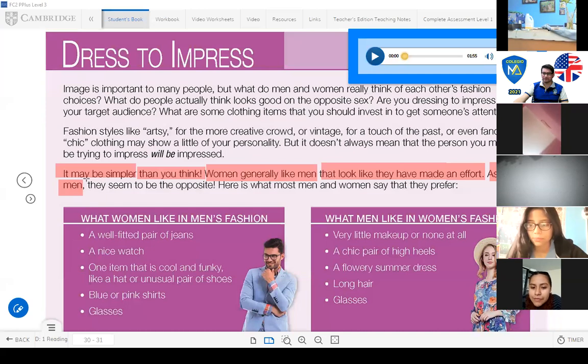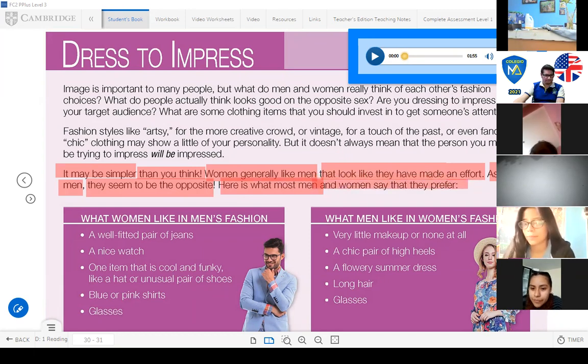As for men, they seem to be the opposite. Here is what most men and women say they prefer.